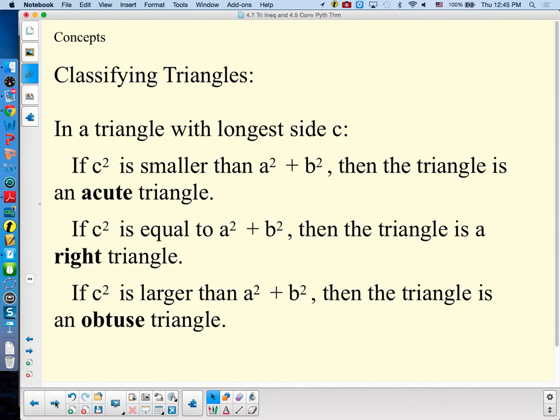If C squared is equal to A squared plus B squared, then it's a right triangle. If C squared is larger than A squared plus B squared, it's going to make an obtuse triangle. So you're going to be figuring out if it makes a triangle and what kind of a triangle it will make.